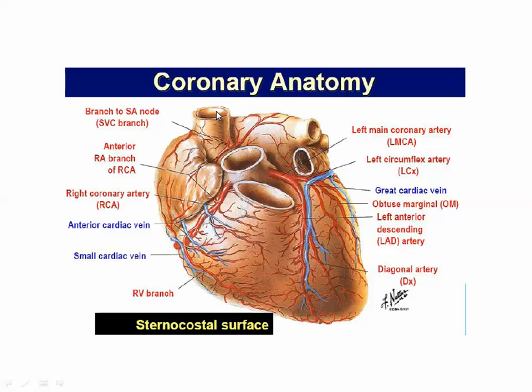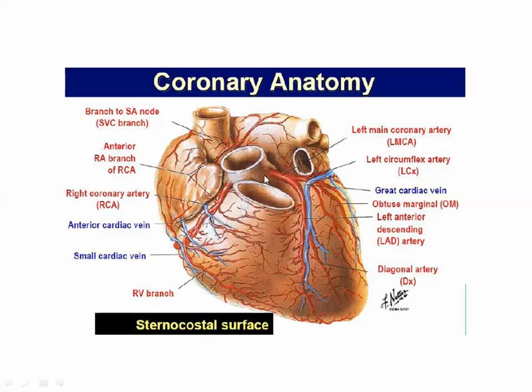This is the SVC. So SVC, aorta, pulmonary artery, and the pulmonary veins, and this is LV, RV, separated by the interventricular sulcus, and this is RA, RV, separated by the right atrioventricular sulcus.